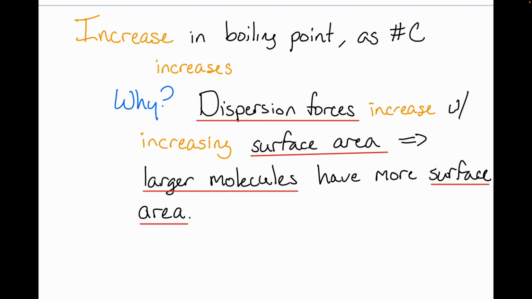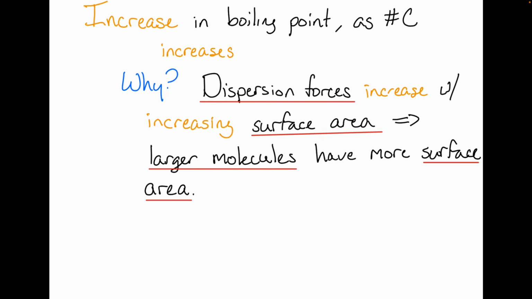All right, another sort of consequence of that is if you have an alkane that have the same number of carbons, but one's a straight chain and one has branch points in it, the straight chain alkane will also have a higher boiling point than the branched alkane. And that's also because of surface area.